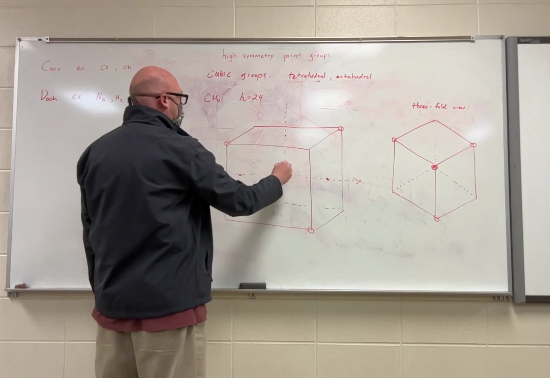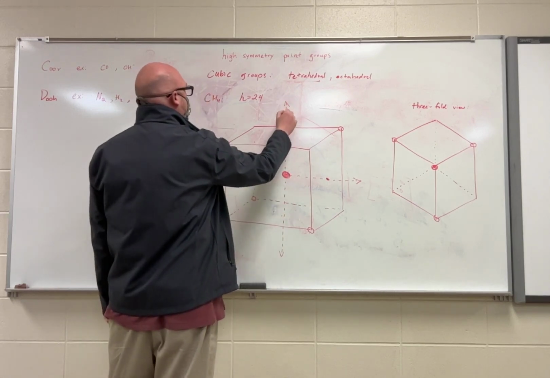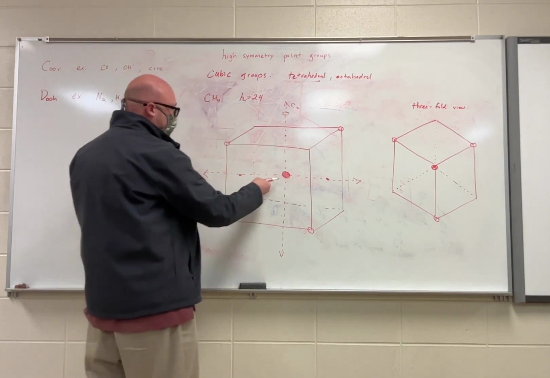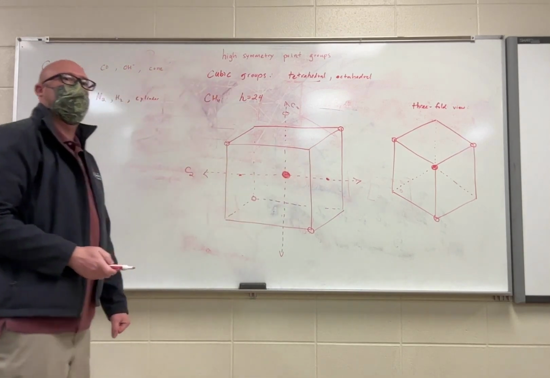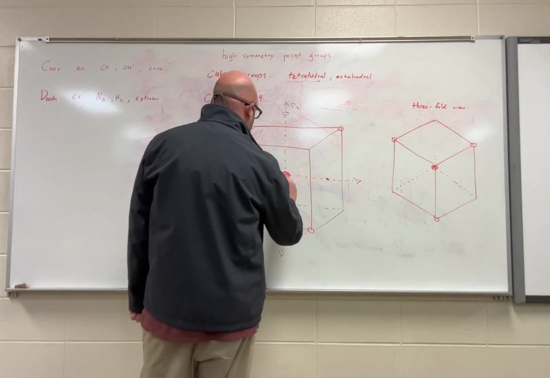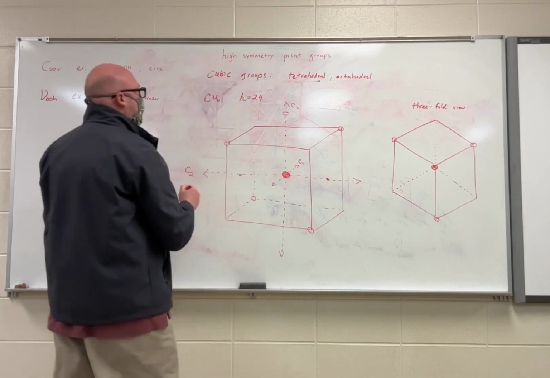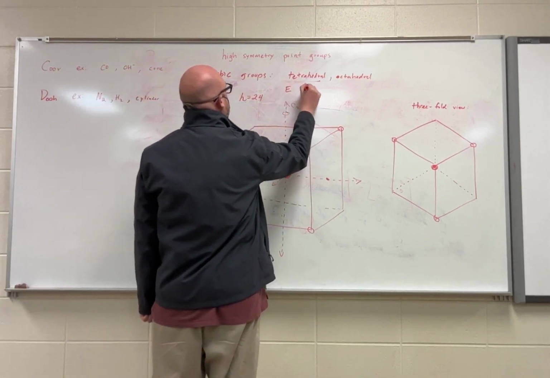They all pass through the center, in this case, the carbon atom. Right? And then there's one that passes like this. If I were to look at this cube directly face on, I would be looking through the other C2 axis. So we have three C2 axes.